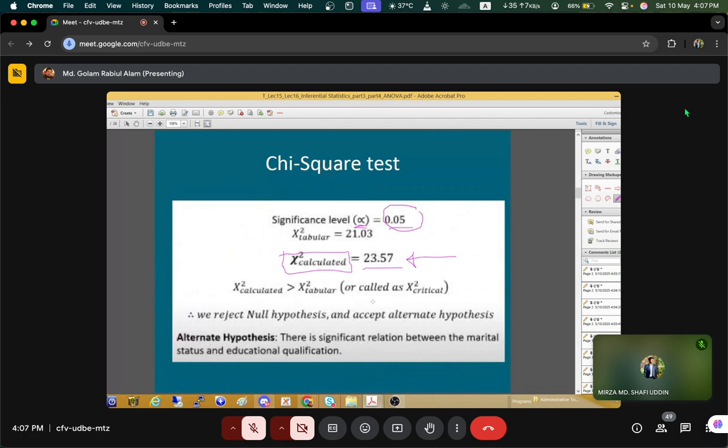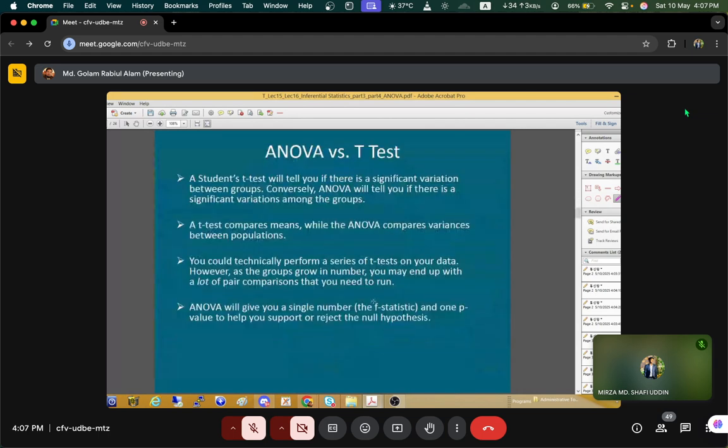Now we have to find this from the chi-square table.